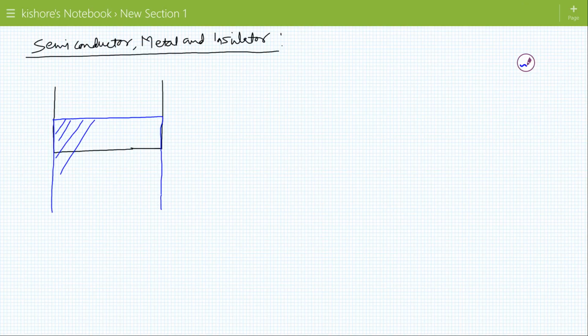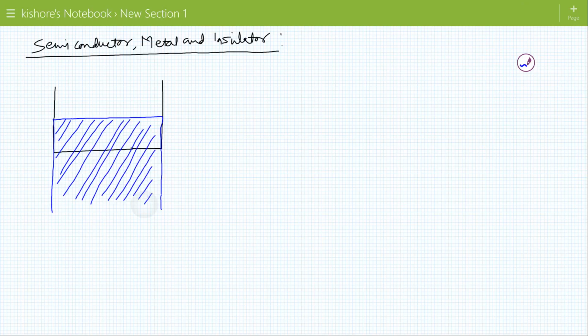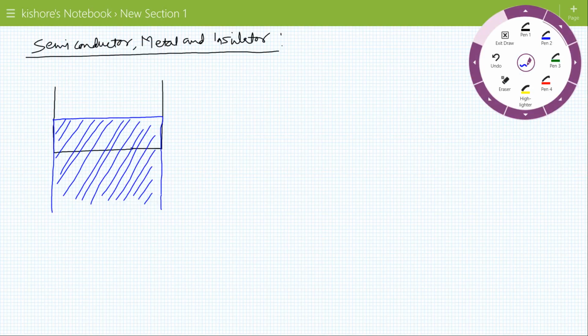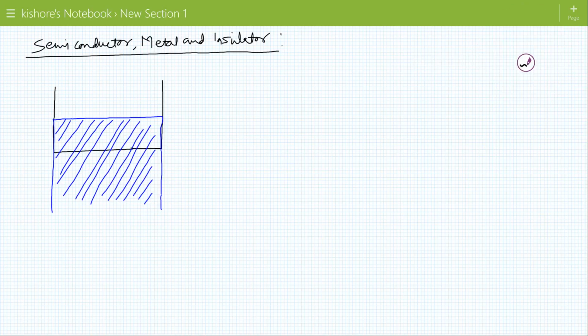This one is valence band and the upper one is conduction band.